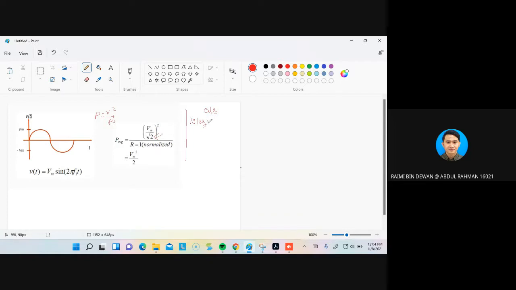For example, 100% is 1, and 50% is 0.5. So what is 10 log 1? Can you guess? 10 log 1 is 0.